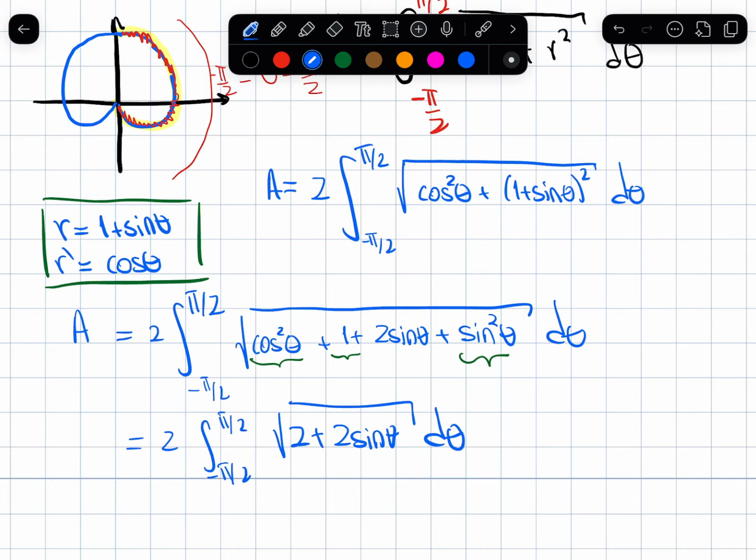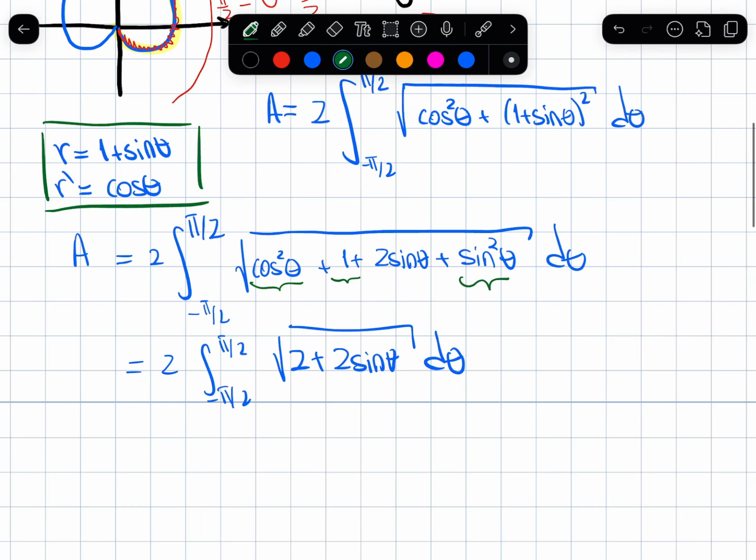See, I think this is a hard integral. If you look at it, there isn't a very obvious u sub that you can make with this the way that it is. And I had to stare at it for a little longer than normal to decide what to do. My thought process was this: whenever I see an integral that has sines or cosines, I'm always looking for clever u subs that I can make.